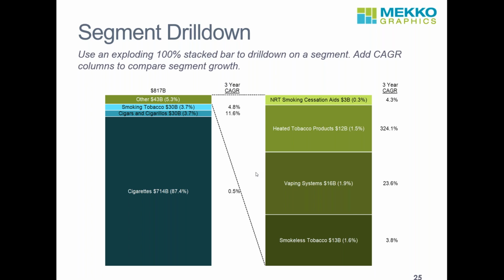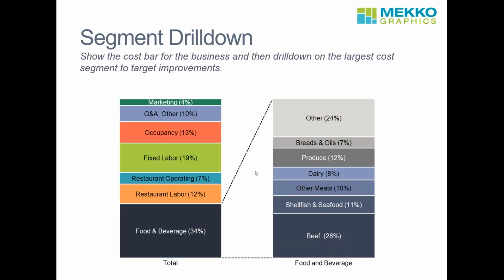Another way to use the segment drill down is with the key category in the segment. In this case, we're looking at restaurant costs, and food and beverage is the largest category, making up a little over a third of the costs. And we want to split that category up to understand it in more detail, and you can see in this instance, beef is the biggest part of that cost.